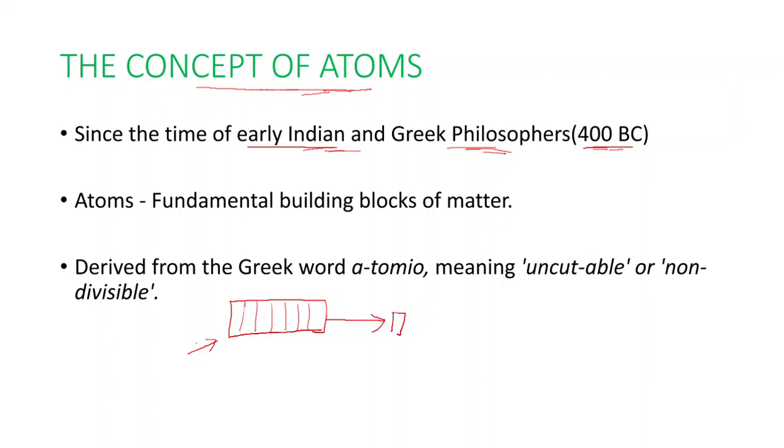Let's say this tiny piece is A. Again we cut this tiny piece A into much smaller pieces B, and again we cut this smaller piece B into a much smaller piece C, and again we cut this smaller piece C into a much smaller piece D. And if we go on cutting these into smaller and smaller pieces, what we will get at the end is atoms.